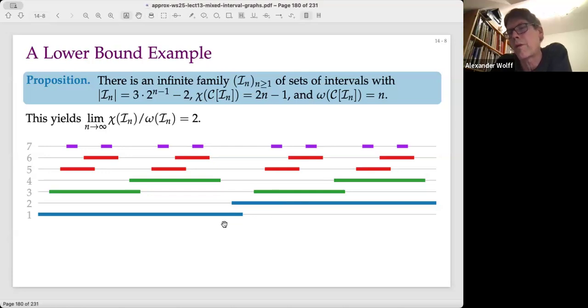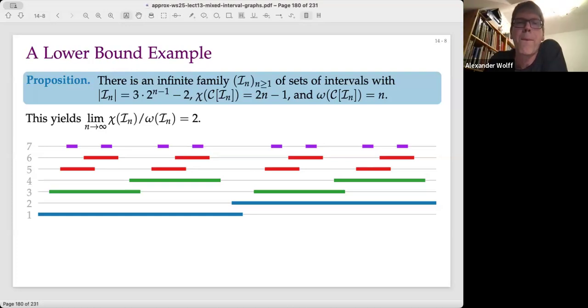You cannot do with fewer. I mean, you could move down a few of the intervals, but for this rightmost little interval, you would still be forced to place it on level 7. So this shows you that if you continue this construction, then you reach a ratio of 2.